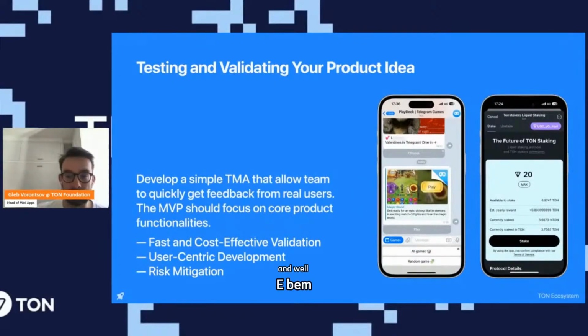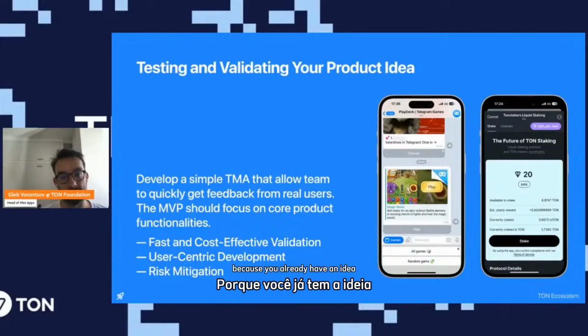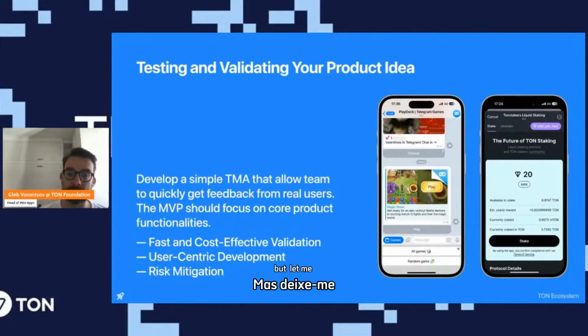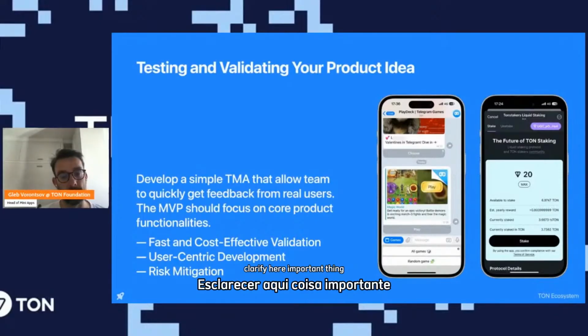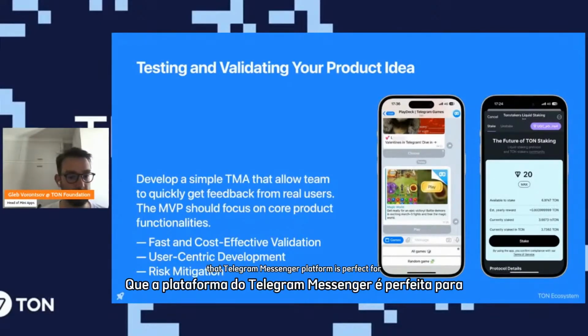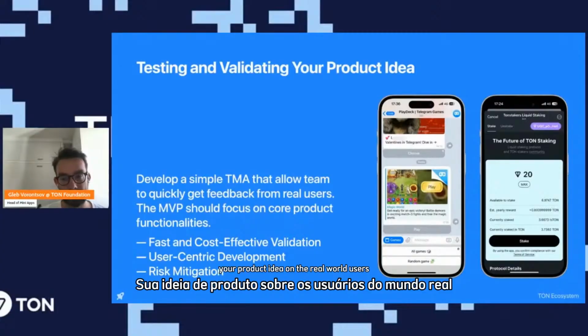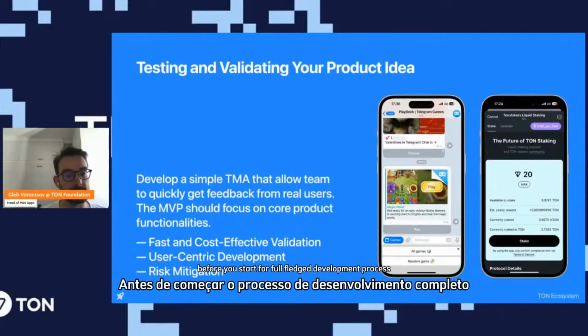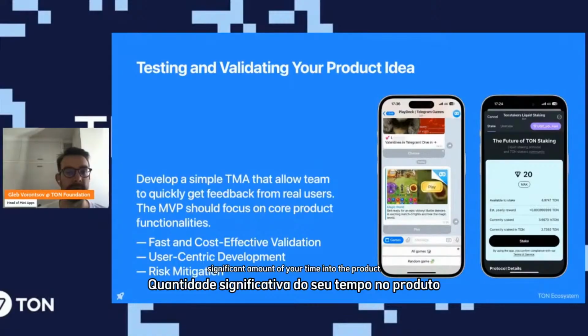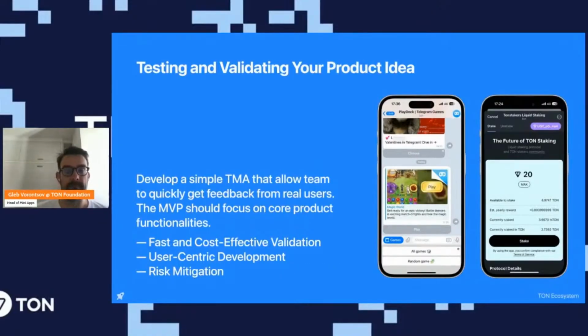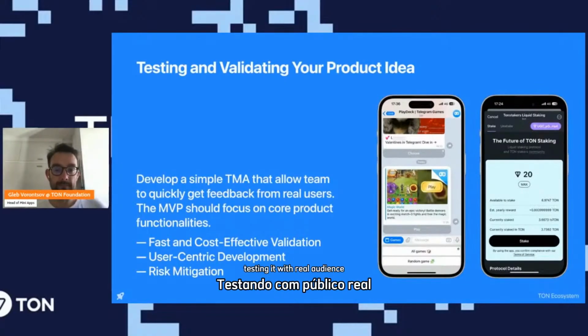And well, we're talking about testing and validating your product ideas. Of course, for the hackathon, it's not that relevant a topic because you already have an idea and you're creating an app to test it. But let me clarify an important thing: the Telegram mini apps platform is perfect for testing your product hypothesis. It's crucial to test your product idea on real-world users before you start the full-fledged development process and invest a significant amount of your time into the product without testing it with a real audience.